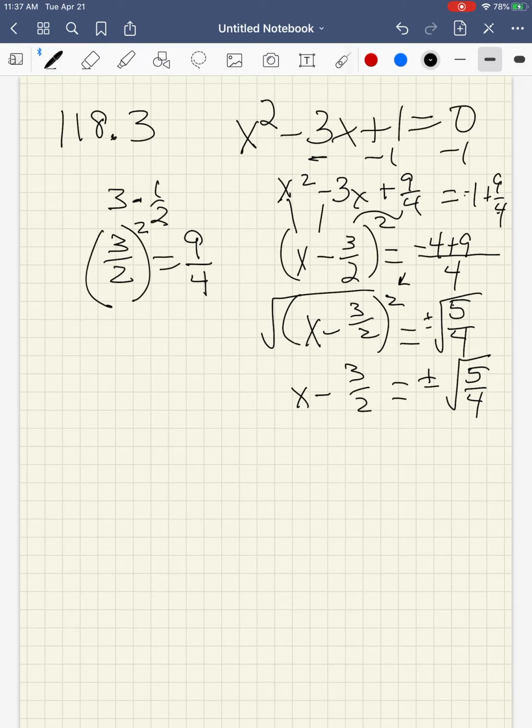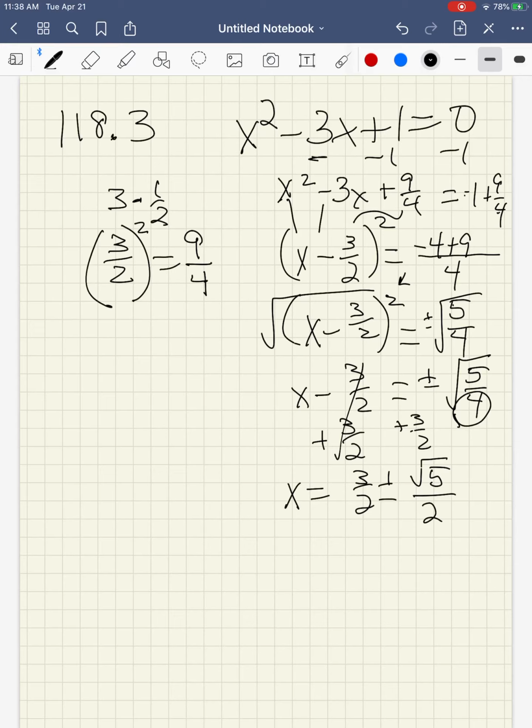Okay, so we're going to add 3/2 to both sides. So that'll be x equals 3 over 2 plus or minus, but instead of writing that 4 there, we're going to say that's the square root of 5 over, what's the square root of 4? 2, that's right.